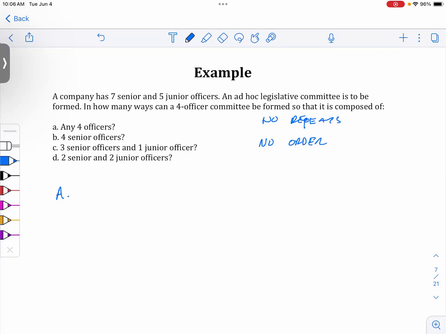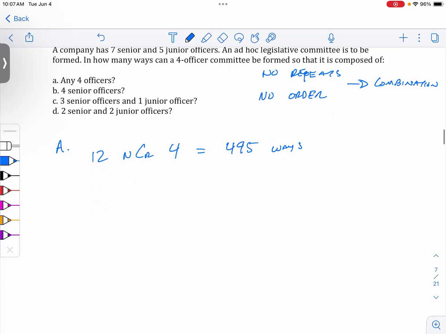So the first one is any 4 officers. I had 7 senior, 5 junior. That means I'm pulling from all 12, and this is then a combination. So that's 12 NCR 4 people, which then gives us 495 ways. If I'm looking for 4 senior officers only, that means I have 7 senior officers, NCR 4 from that.